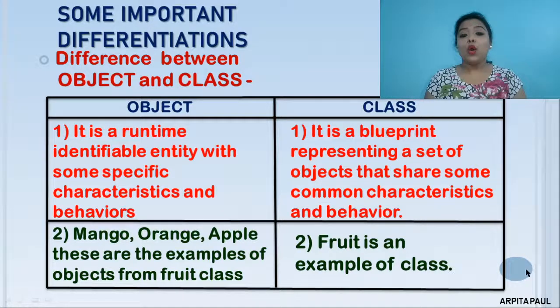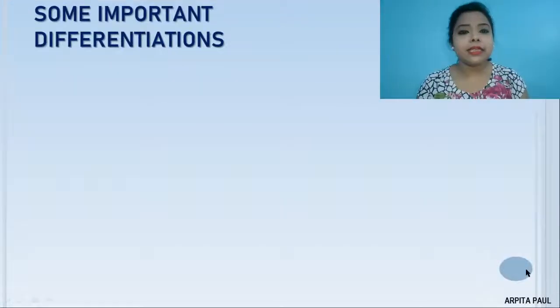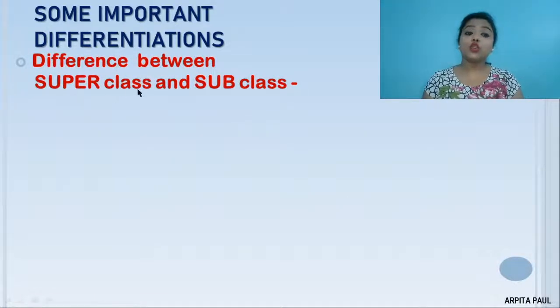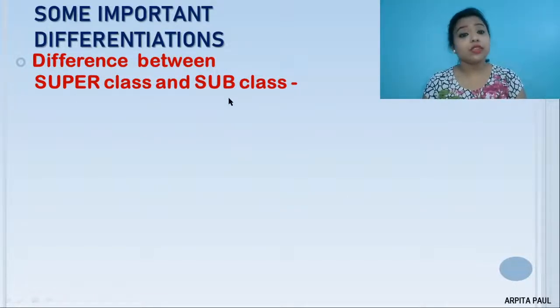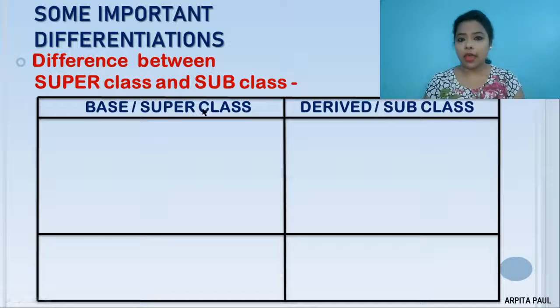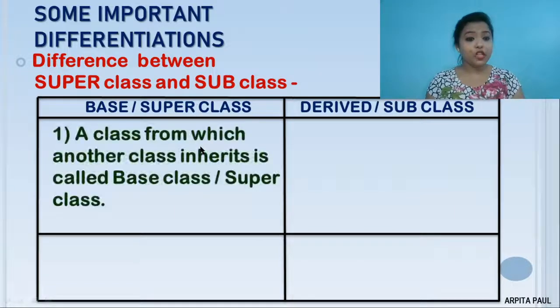Now move on to the next one, that is the difference between superclass and subclass. What is the basic difference? Superclass is also called base class and subclass is also called derived class. A class from which another class inherits is called base class or superclass.